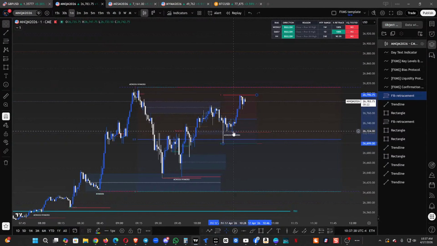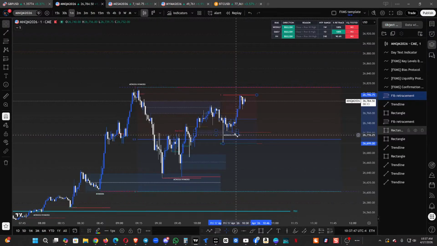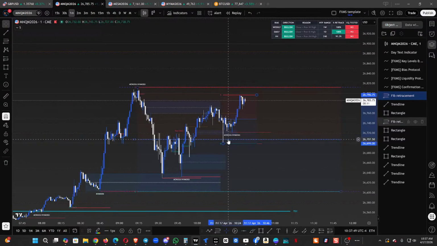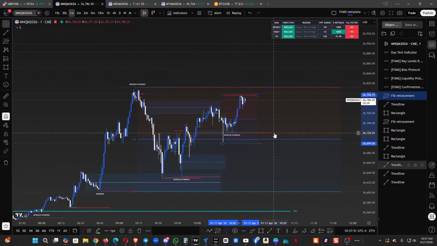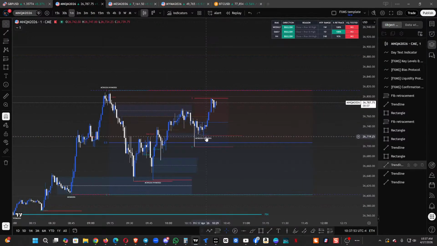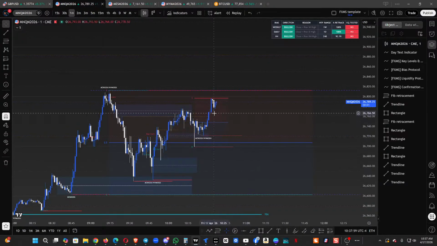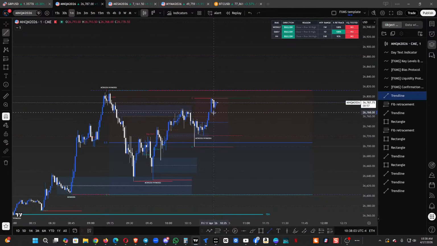All right, this low here has divergence, so we may not get a sweep below here as our internal sweep because we have divergence. But this would be the sweep into the discount POI and then the move up. Unless this is a little bit high in the range, but certainly could be.